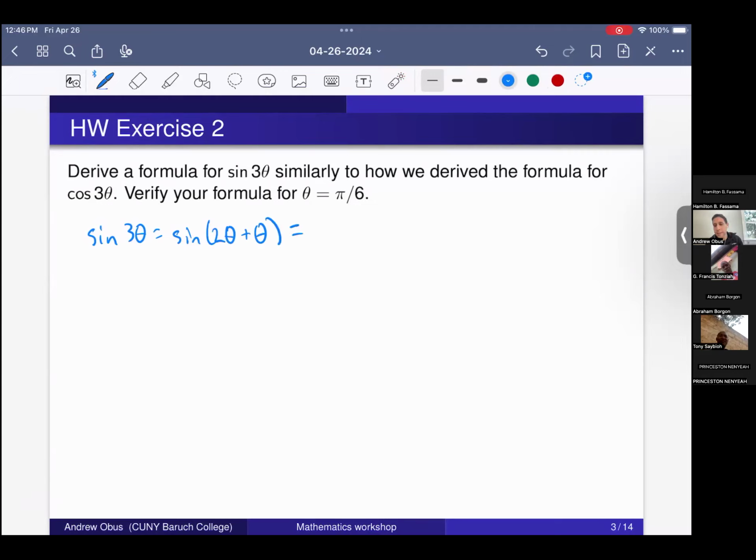And so what is the formula that we have for this? So we have to use sine of a plus b, right, instead of cosine of a plus b. So remember the formula for sine of a plus b?